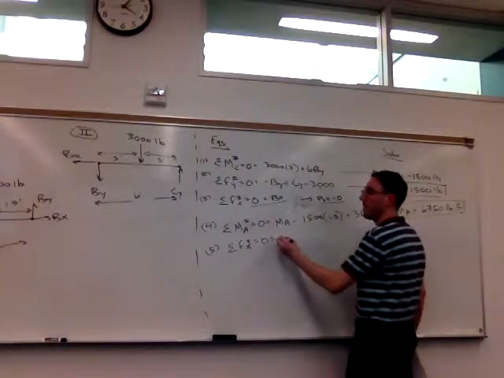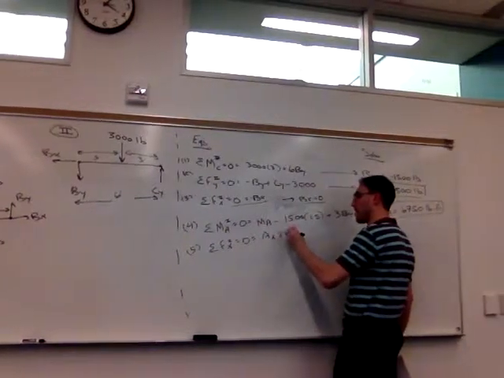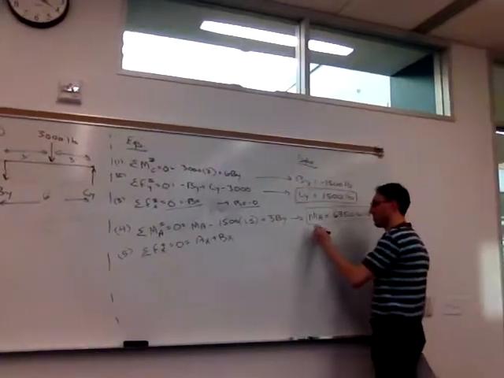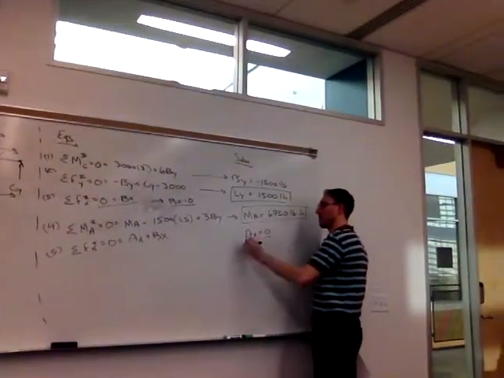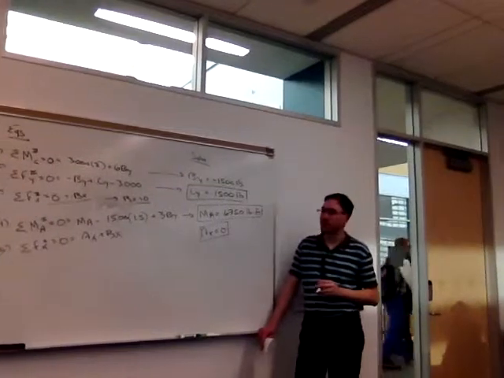In the x direction, I'll have the AX plus the BX. I already know that BX is 0. So AX must also be 0.